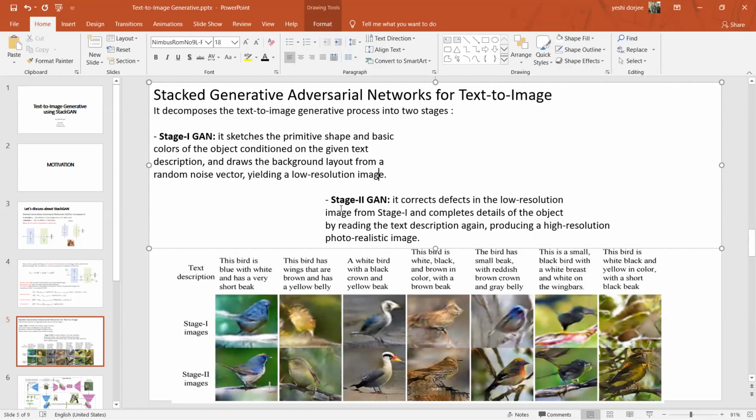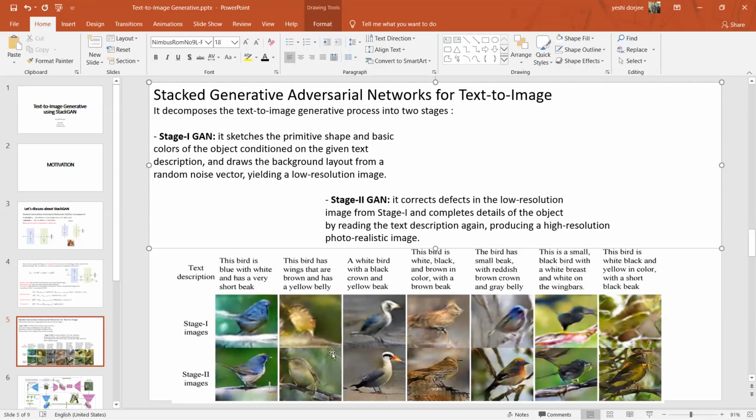After that, stage 2 GAN helps to correct the low resolution image generated by stage 1 and completes it, where it also gets the text description and produces a high resolution 256 by 256 pixel image.